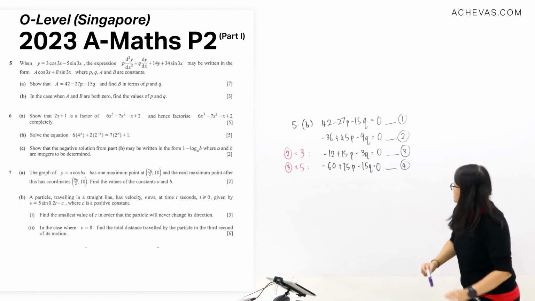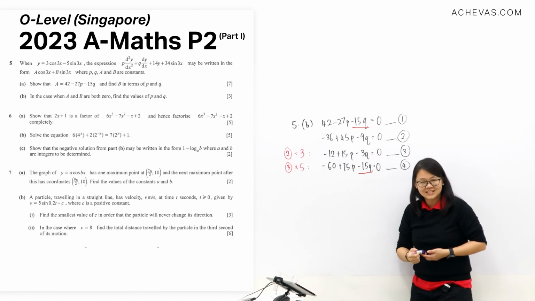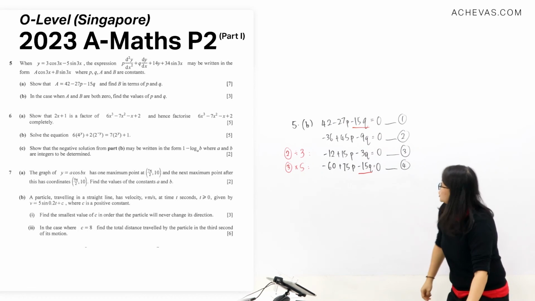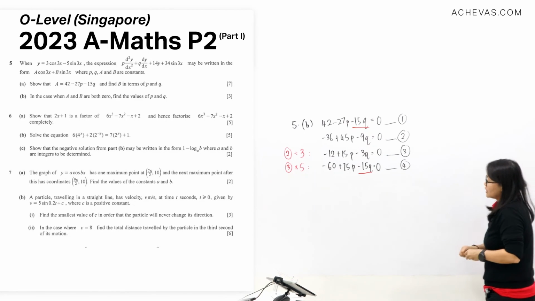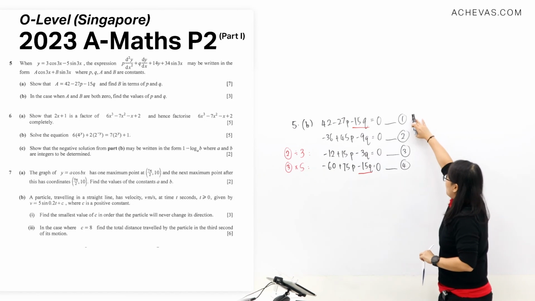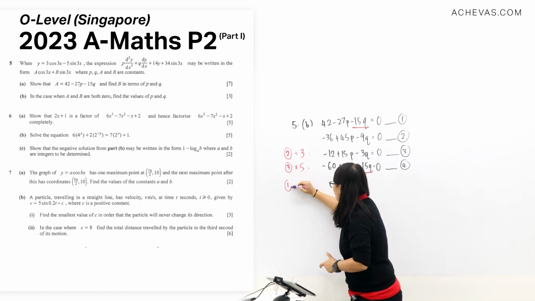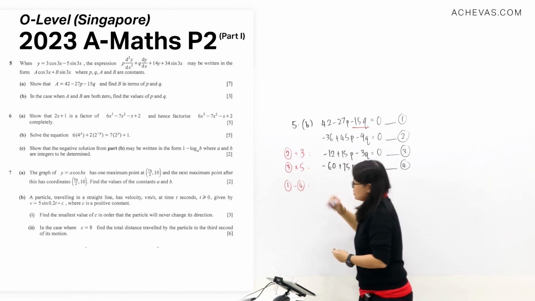The reason I'm doing this is because I want to make q having the same coefficient. You can do any other way you like. So now that q has the same coefficient, I'll be using 1 and 4. Right here, I'm using 1 minus 4.